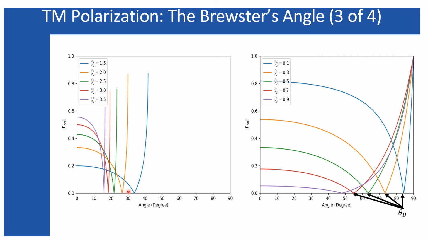We can see that when the ratios are less than 1, the Brewster's angles generally appear greater than 40 degrees, but in the second case the Brewster's angles appear less than 40 degrees.